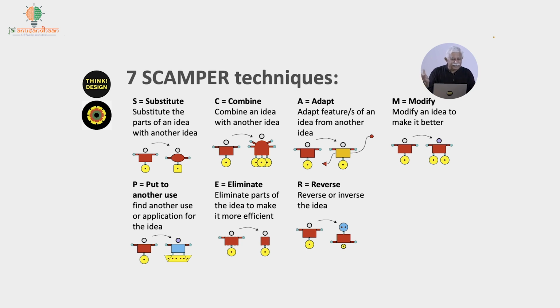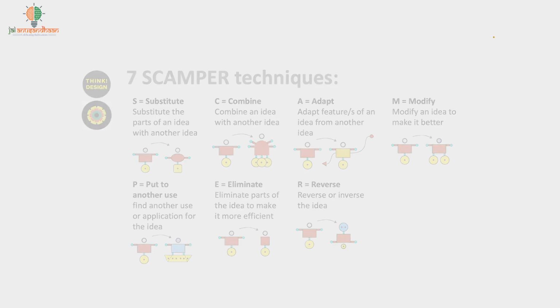Okay, eliminate unnecessary or unusual parts. You made it simpler, and then you reversed an idea. Okay, and suddenly you got another idea over there. Okay, SCAMPER, extremely simple methods, 7 techniques to be creative and come out with many more ideas.